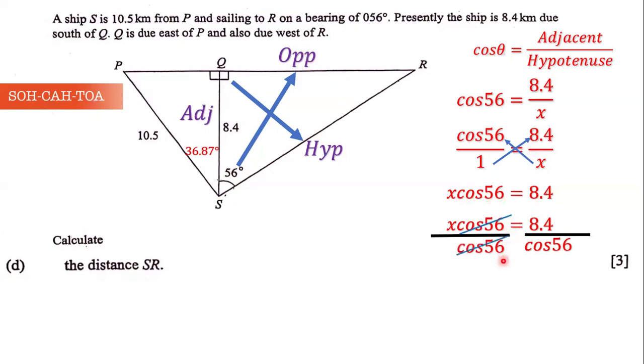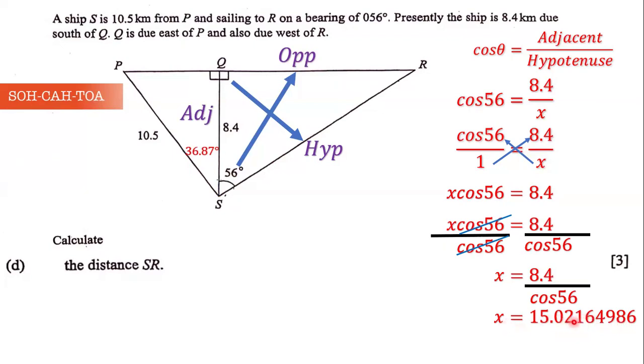We are left with x equal to 8.4 divided by cosine of 56. When you do that, you get x is equal to 15.02164986, and that's our answer.